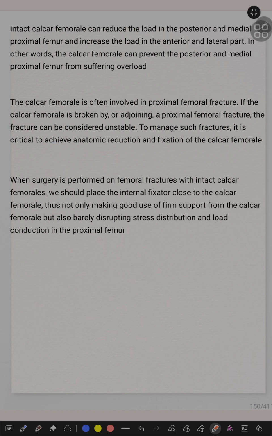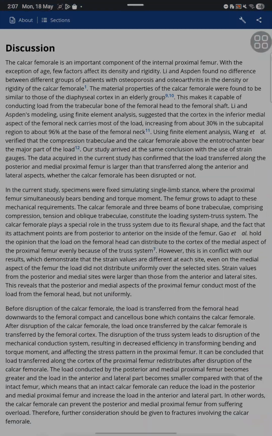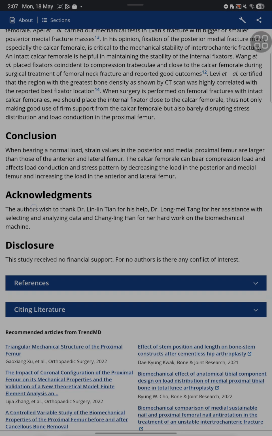And yeah, then we again come back to the journal, which is most important. I put the link below, and we read the conclusion of this study. It says that when bearing a normal load, the strain values in the posterior and medial proximal femur are larger than those of the anterior and lateral.